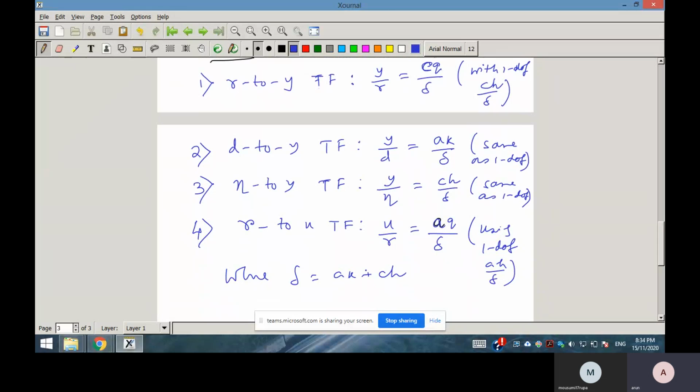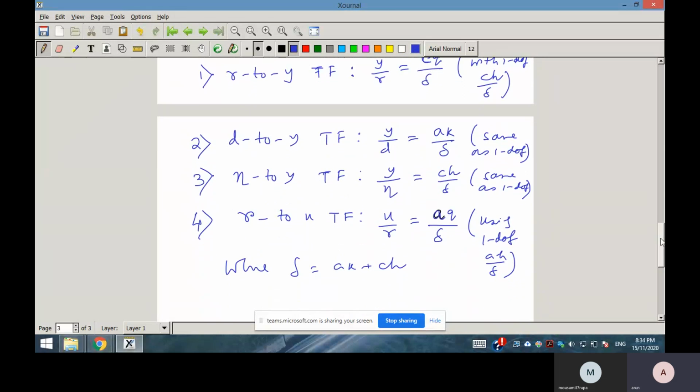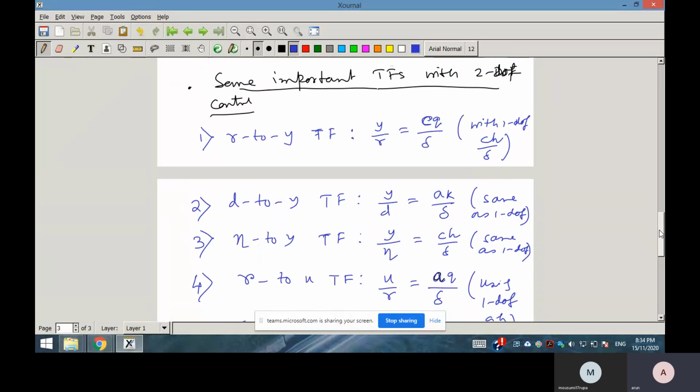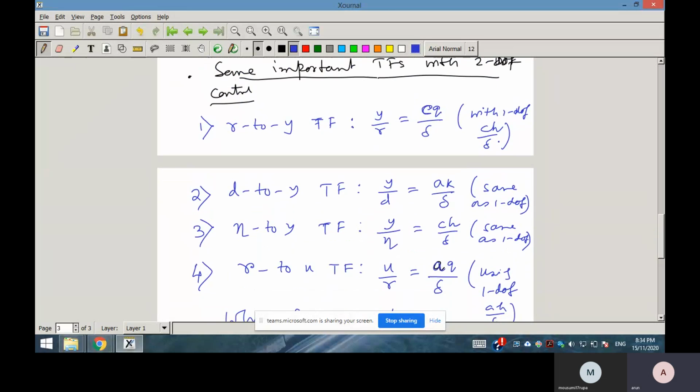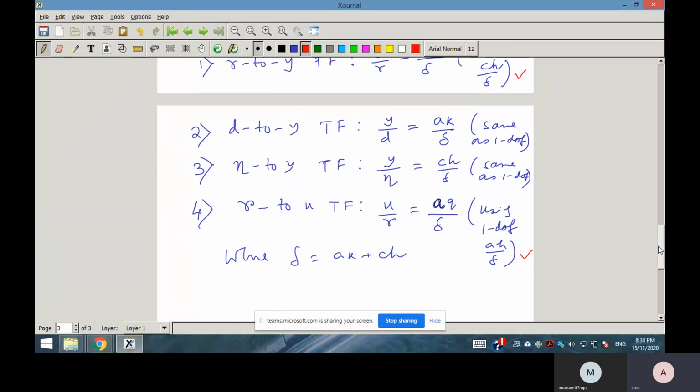So here all are polynomials: A(s), K(s), C(s), H(s), delta(s). The s term I am not writing for convenience. Okay, so now you see what the difference is. Differences are observed only here and here. The other two transfer functions are the same. So what are the advantages you will get?